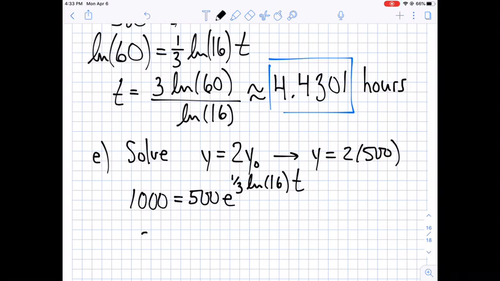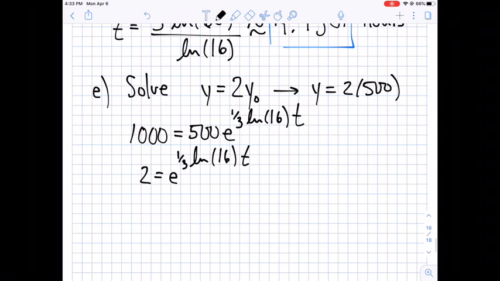So what we have on the left is just going to be 2. Now if you think about it, that is not a coincidence. We're looking for doubling time. On the left-hand side, we have 2 times y naught, and over here we have y naught itself. So we have 2 on the left, and this will be the same equation every time we're looking at the doubling time. So now we're going to take ln of both sides.